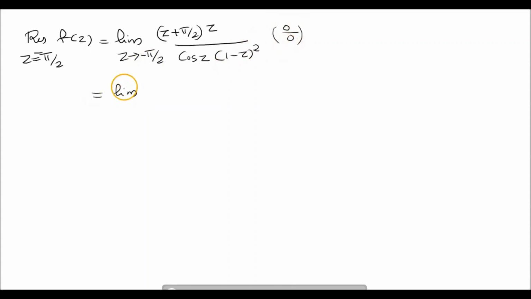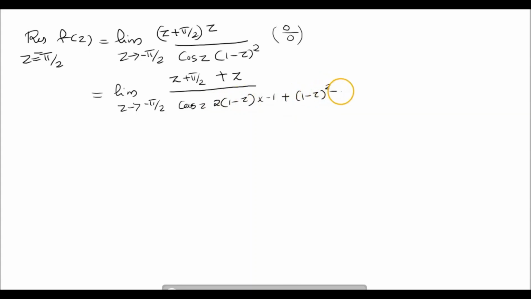So taking derivative of numerator and denominator, this is (z plus pi by 2) plus z, divided by cos z into 2 into (1 minus z) into minus 1, plus (1 minus z) all square into minus sin z. Now taking limit z equal to minus pi by 2, this is minus pi by 2 divided by cos of minus pi by 2, which is 0, so this term becomes 0.